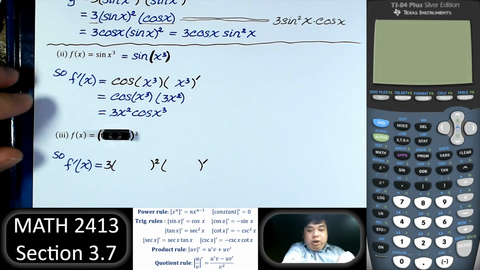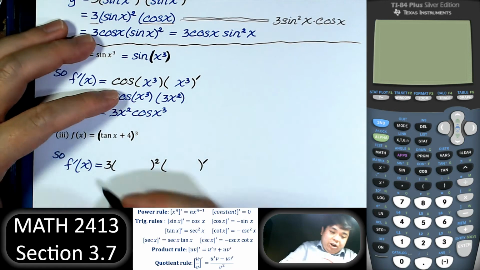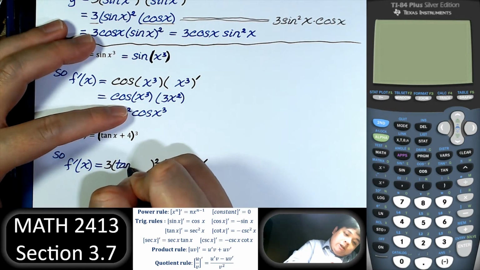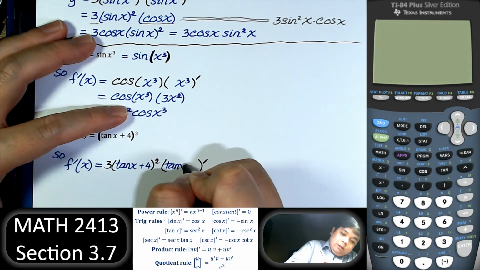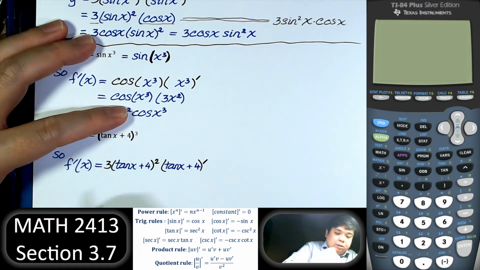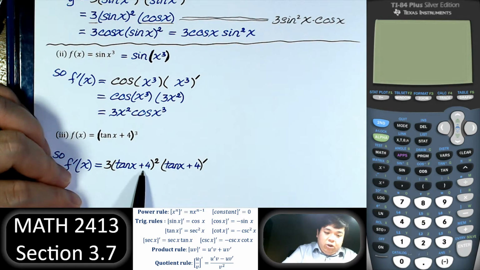That's what the chain rule is. Now inside the parentheses is tangent x plus 4, and once again we're done with the derivative.